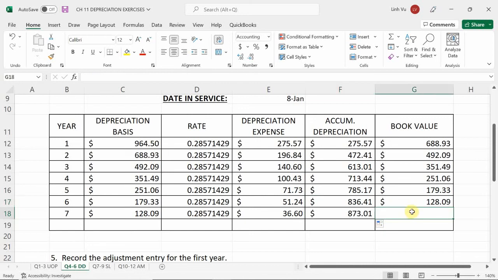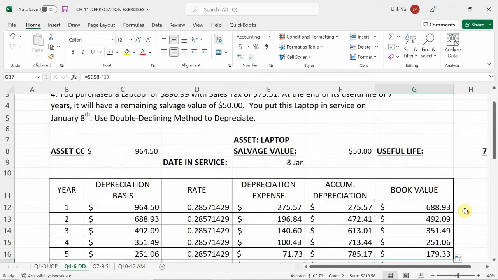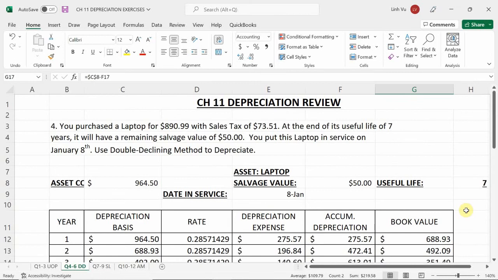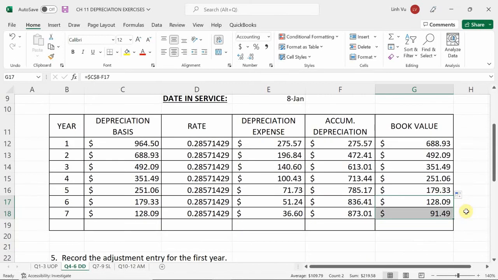So then what is your book value at the end of year seven? 91.49. Good. Now can you continue to an eighth year? Yes, you can, because the salvage value is not what it should be, right?